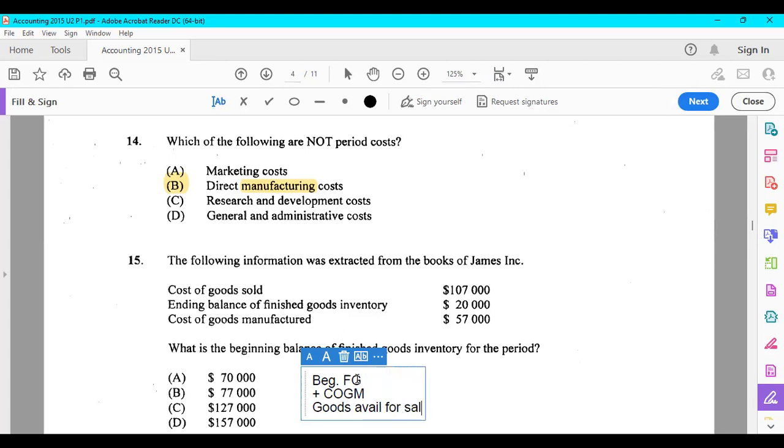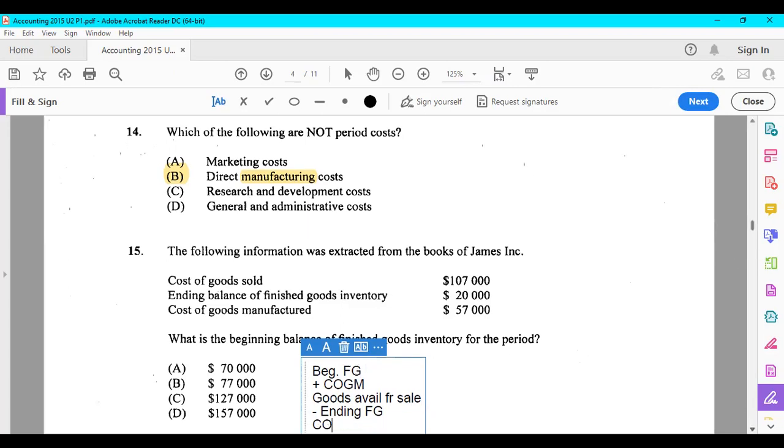And then we're going to subtract our ending finished goods inventory, and then we'll get our cost of goods sold.